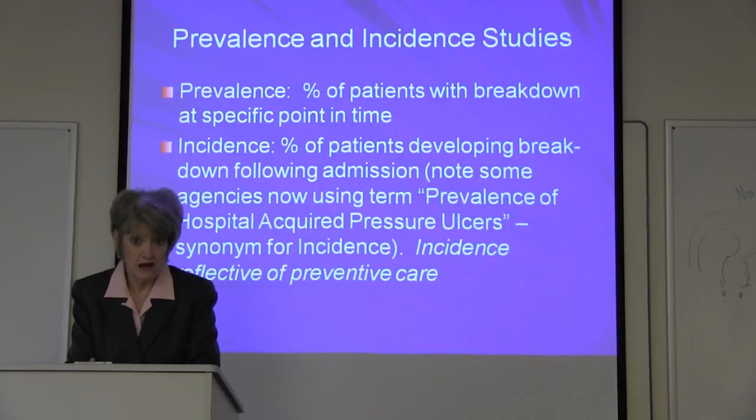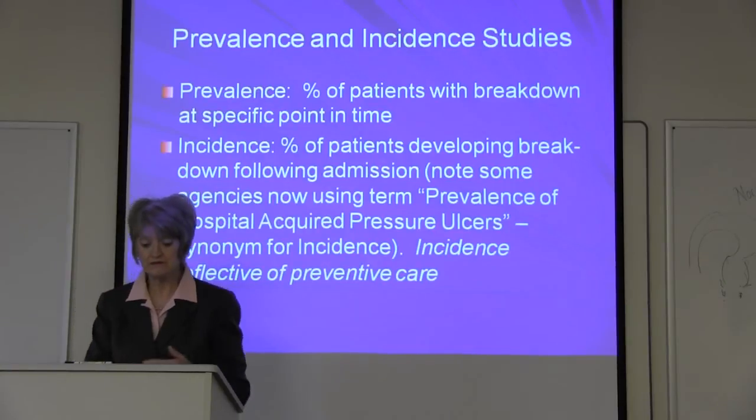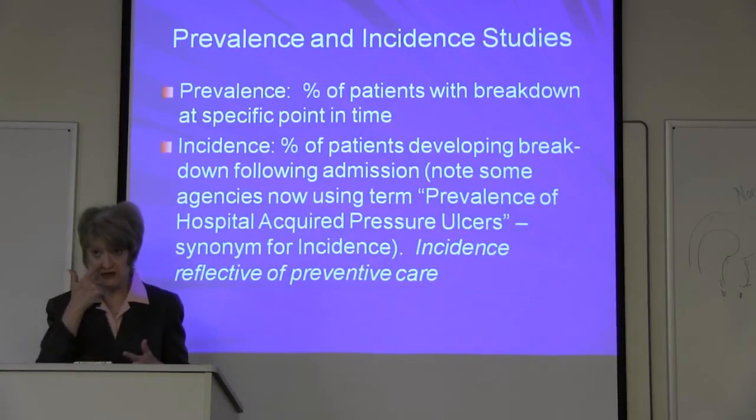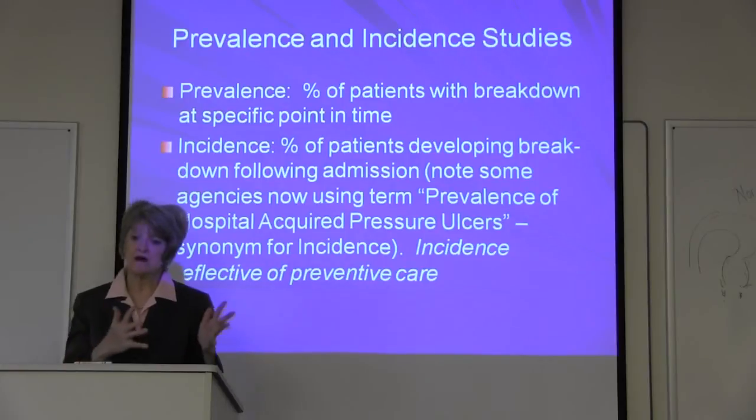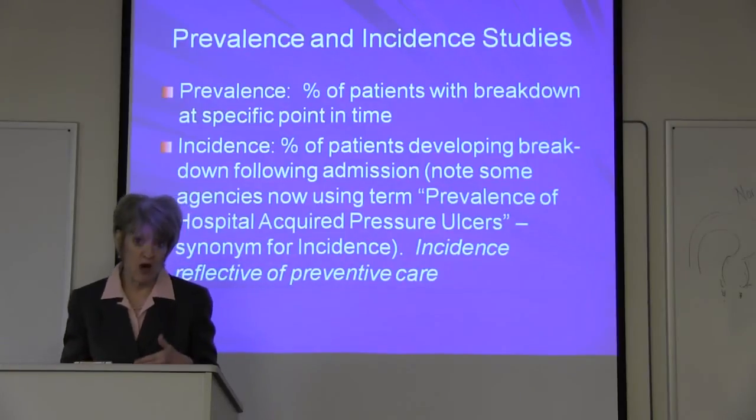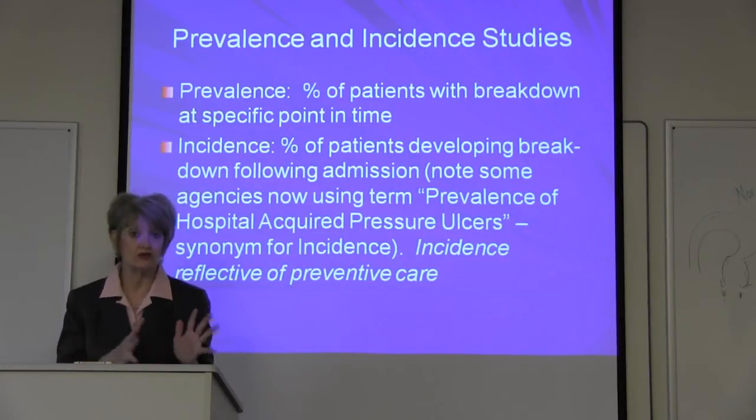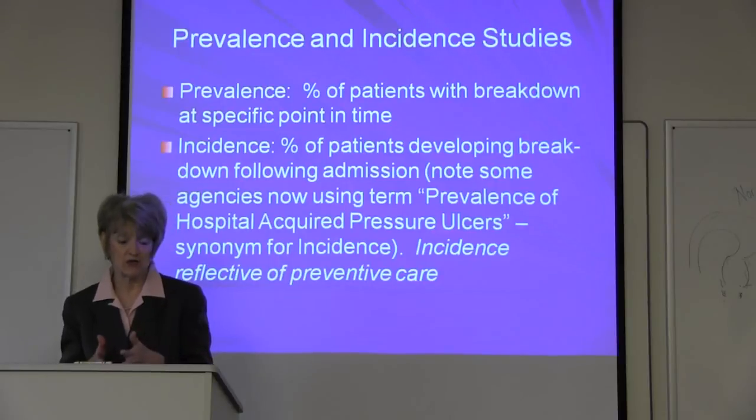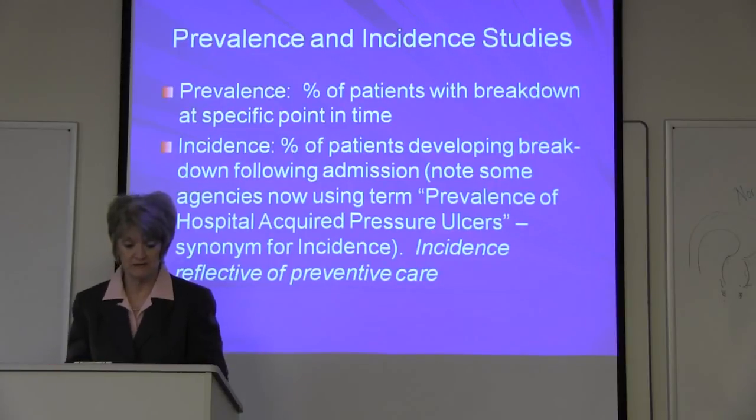And the only way to monitor the effectiveness of your prevention program is to track incidence, to determine how many patients are developing breakdown after they're admitted to your agency. So that's why we keep focusing on incidence or hospital-acquired pressure ulcers. So whether you talk incidence or you talk hospital-acquired, you're talking the same thing.